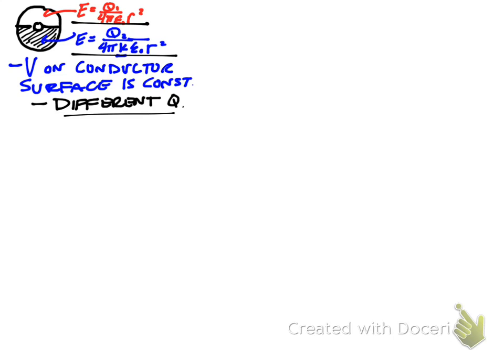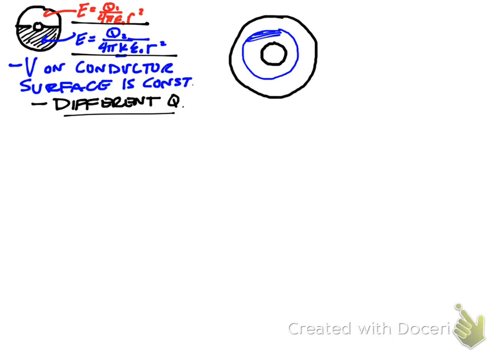At the same time, we could construct another situation where we take our same setup, and this could be a sphere if you wanted to get fancy, it could also be a cylinder. We take the same thing and then we put inside of it sort of a layer of dielectric.